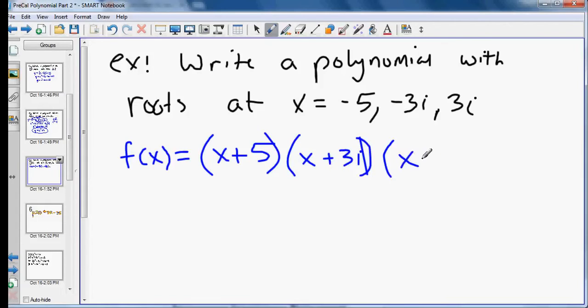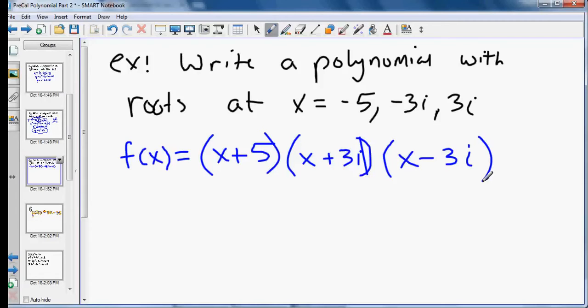So I do want to FOIL this out. When you have imaginaries, always do them first, because things will cancel out real nicely when you do that. The middle terms, like they canceled out on that first example, will almost always do that. At least with our level of math, it will.